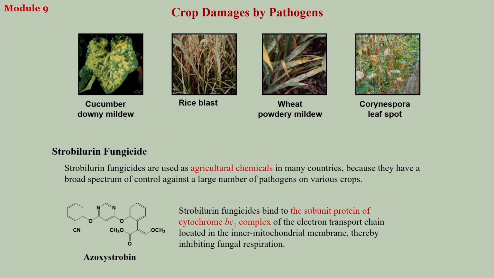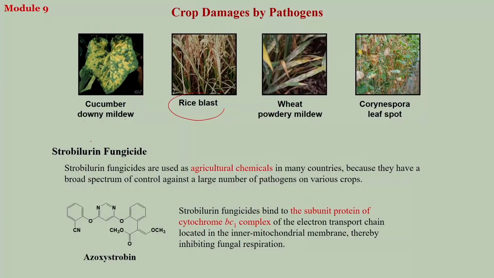You can see how it looks when the leaves are attacked by the pathogens. Rice blast is another pathogen that kills rice. Wheat powdery mildew also shows white spots on the leaves affected by the pathogens. Corynespora leaf spot is the same thing, the leaves are damaged and the crops are basically killed by the pathogens.